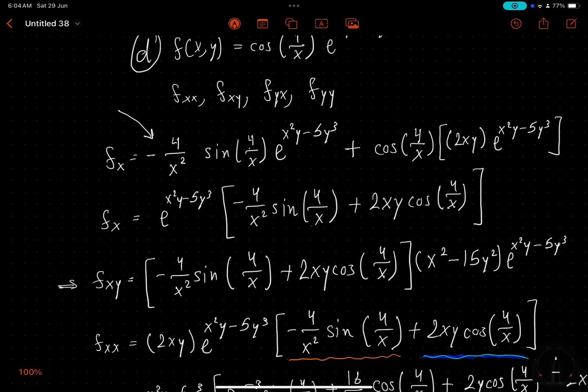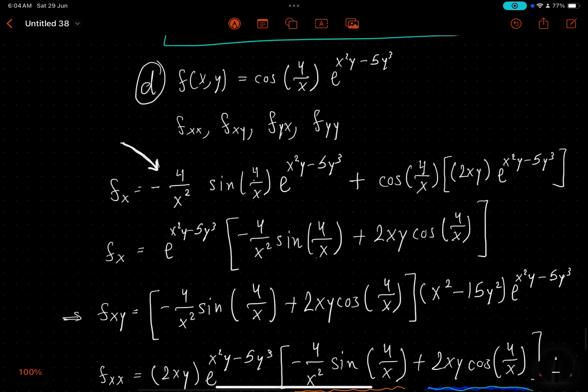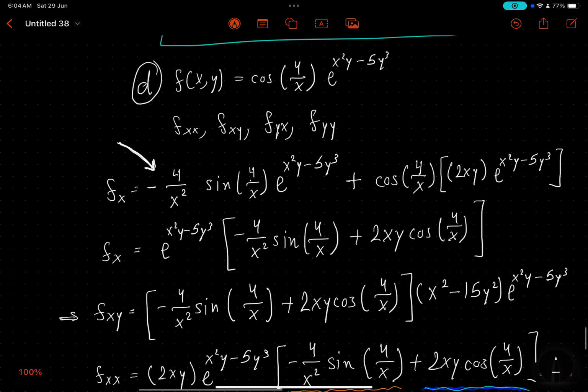Let's come back here. I want you to notice this. Here, when we differentiate the first term with respect to the first term to find our first term in fx, differentiating cosine will give us a negative sign.